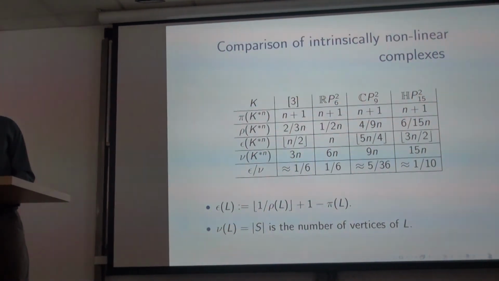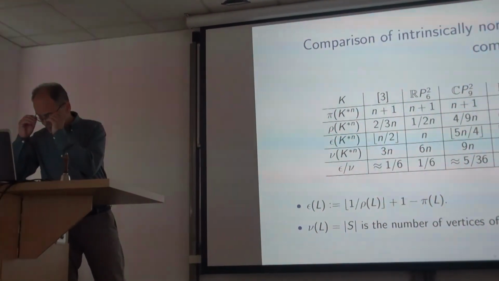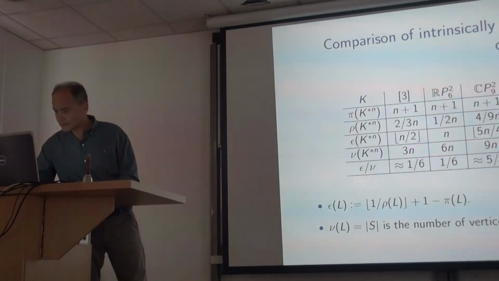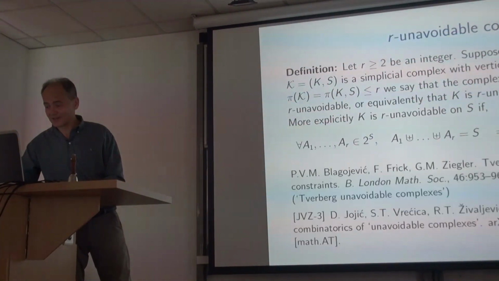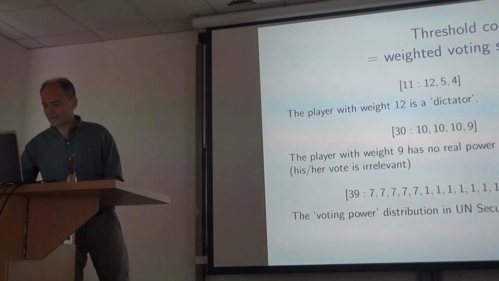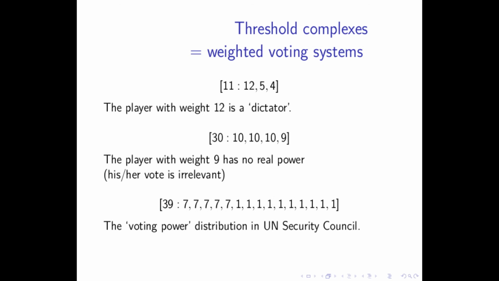Just quickly, with your permission, let me page down. So this is a lot of material. This is just to remind me that threshold complexes appear in game theory and cooperative game theory, and some of the questions we ask are related to questions of this type.